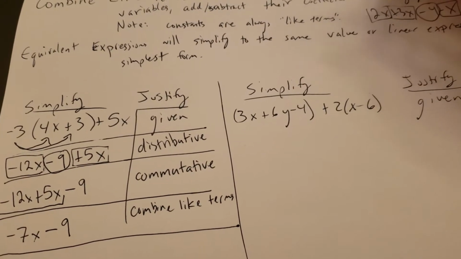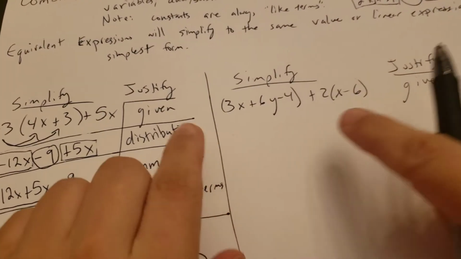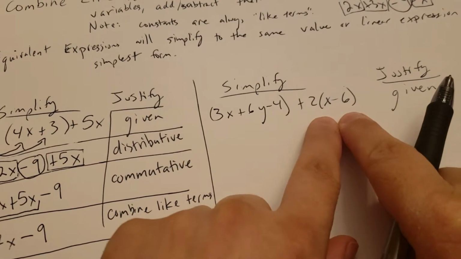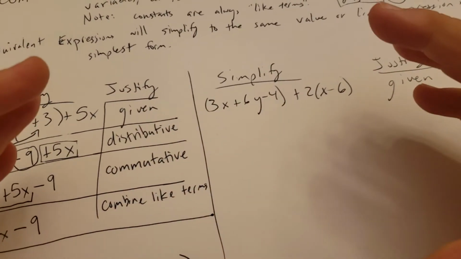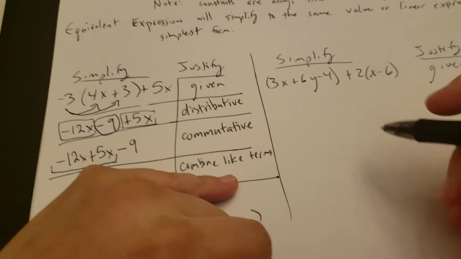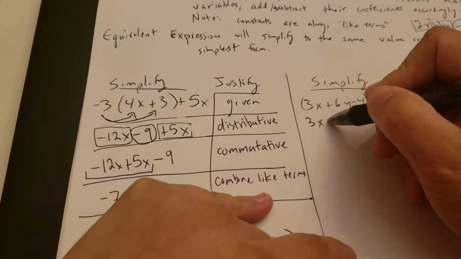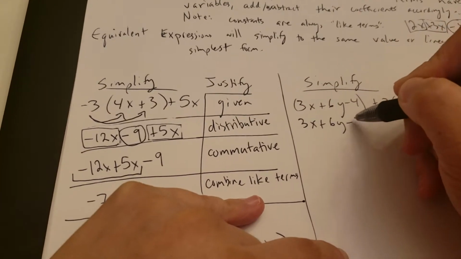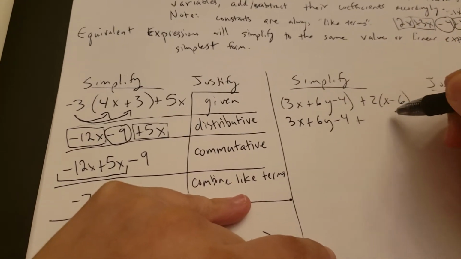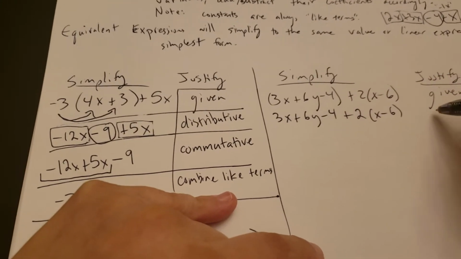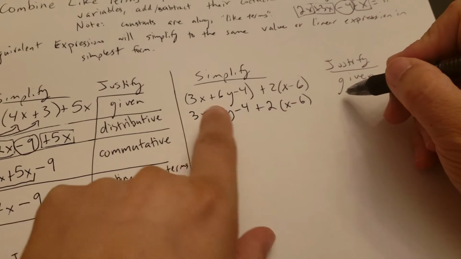But really, we want to think about the associative property and how if I'm just adding these things to whatever this is, then the grouping doesn't matter. It doesn't matter that they're all in parentheses together. So I can rewrite 3x plus 6y minus 4 plus 2 times the quantity x minus 6. I can think of that as just using the associative property, get rid of those parentheses.